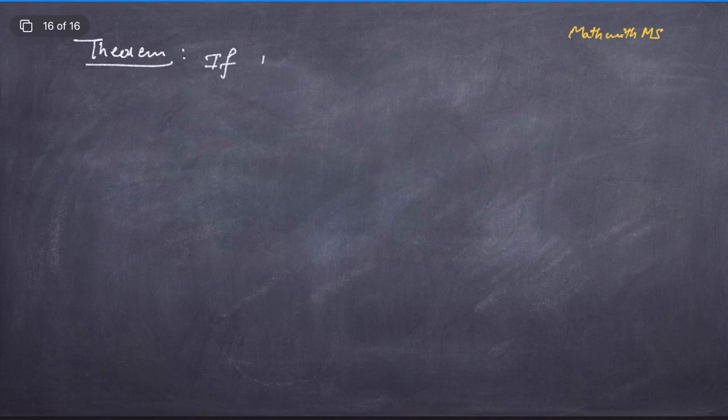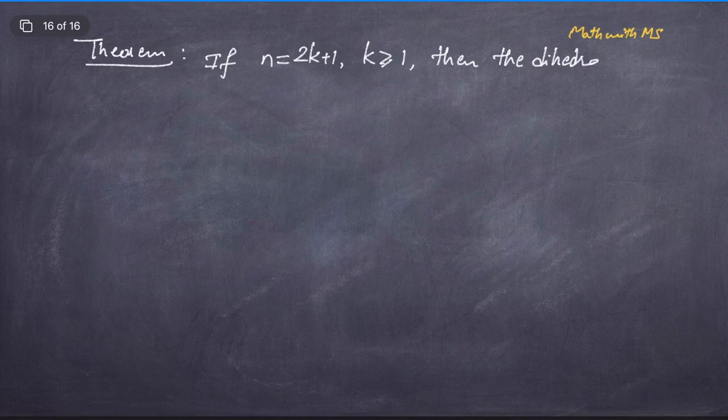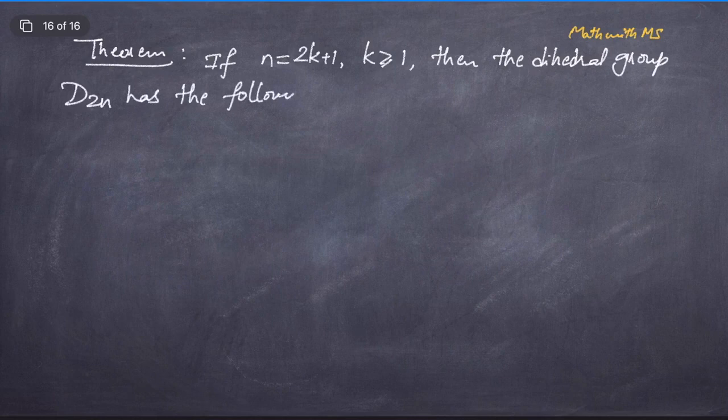Next, I will state a similar theorem when n is odd. If n equals 2k plus 1, where k is bigger than or equal to 1, then the dihedral group D2n has the following inequivalent degree 2 representations.